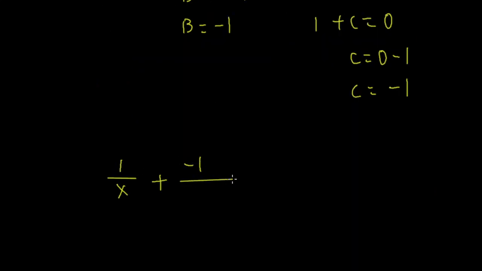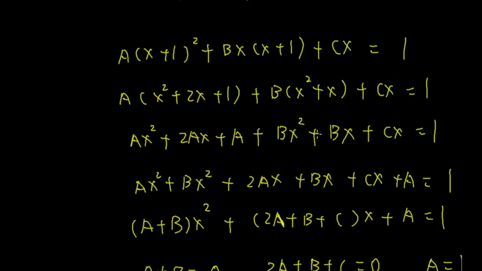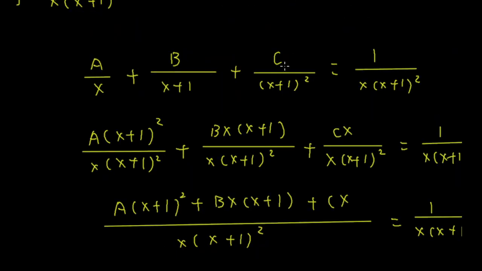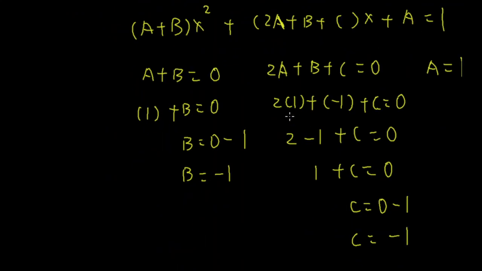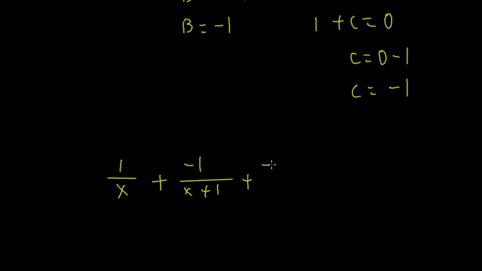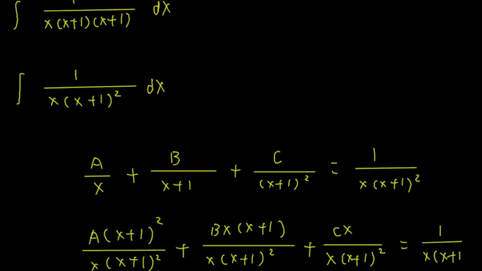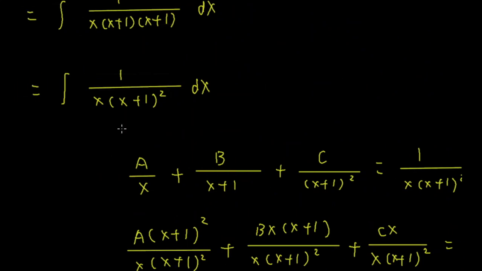Plus, now c is also negative 1. So negative 1 over (x plus 1) all squared, right? Okay, so that's the decomposed form of the original integral here.